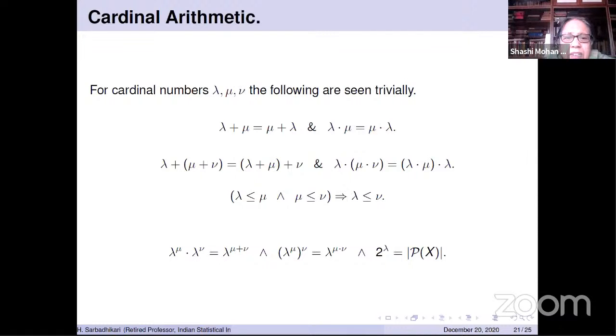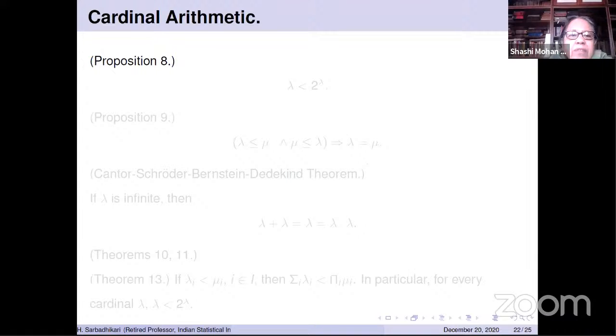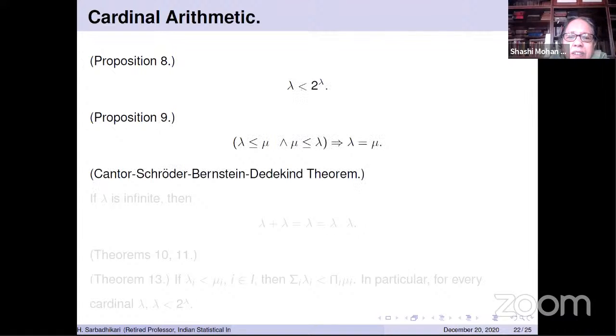Here there's nothing to say, right? These are simply things I had done with mod X and mod Y. It's also mentioned that this one is the Cantor, Schroeder, Bernstein, Dedekind theorem, and that one is proposition 8.